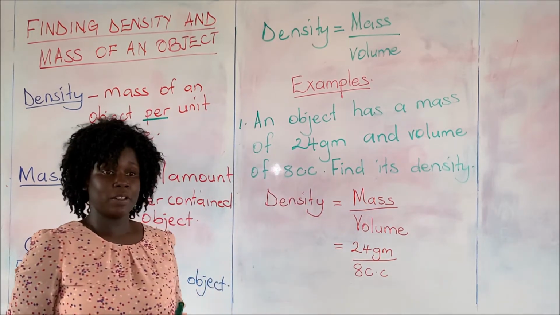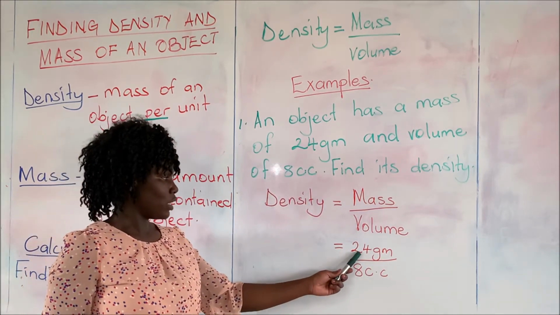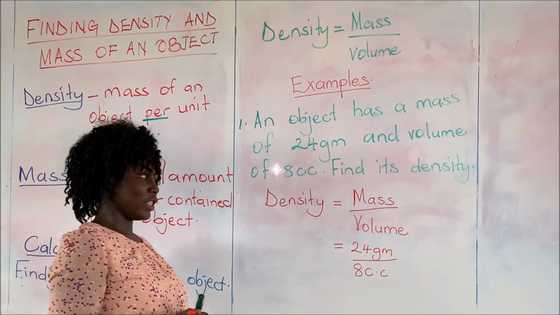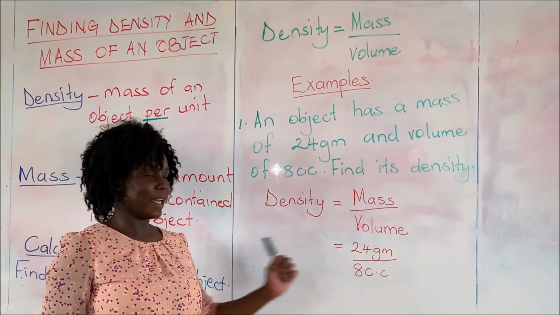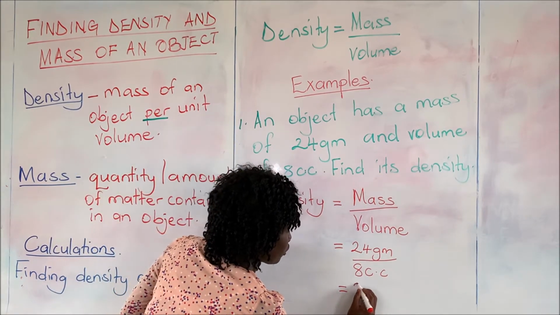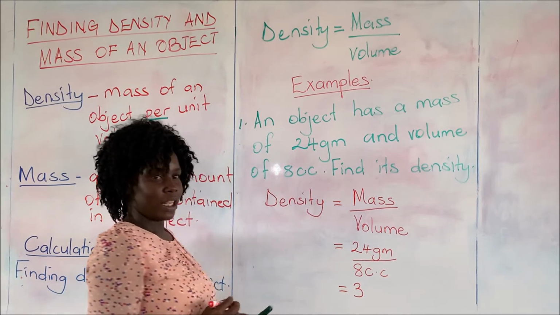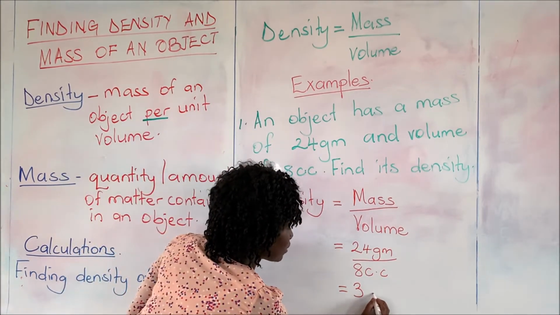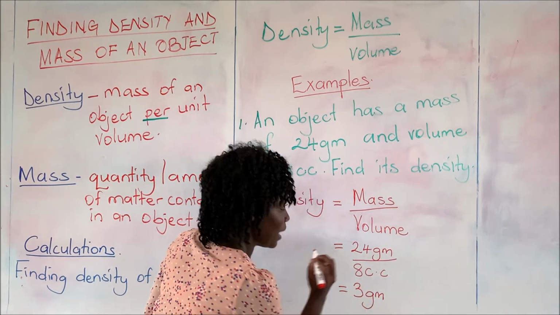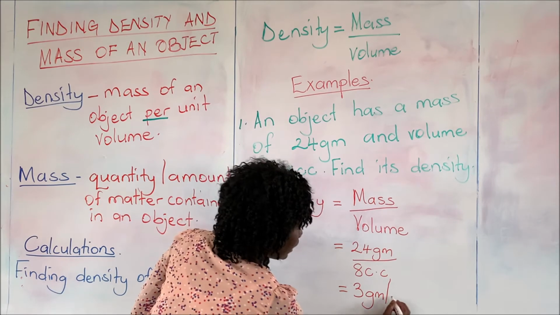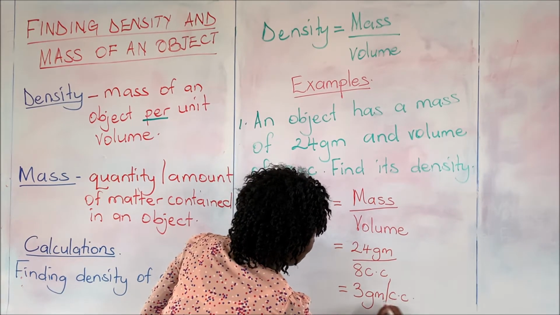So we revisit our multiples. We have 24 divided by 8. What do we get? You have a few seconds to get the answer. 24 divided by 8. There, our answer is 3. Look at the units. Remember, we say per, so we're having grams, and from your mathematics, per is represented by that bar, then cubic centimeter.